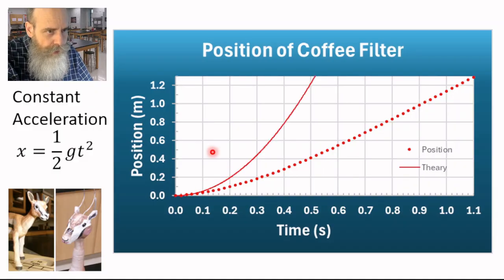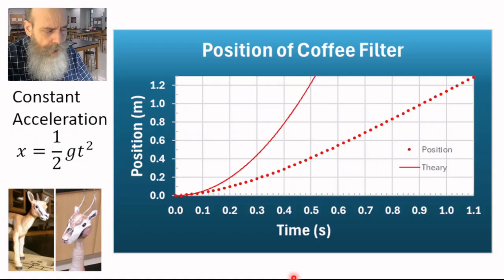The red curve is the theoretical curve, 1/2 g t squared. You can see that the position which was measured is less than the theoretical value. This suggests that our acceleration is something less than g. It is less than 9.8 meters per second squared.